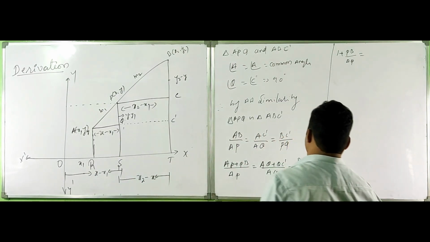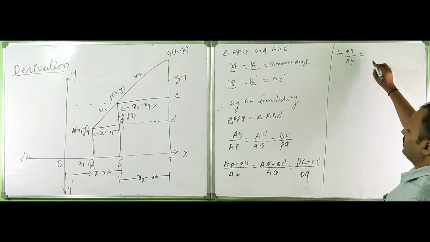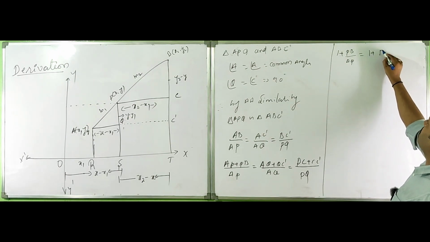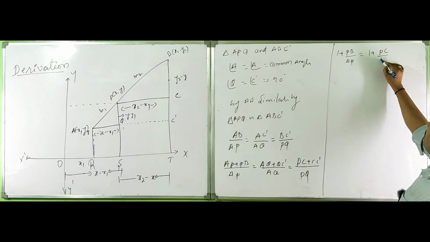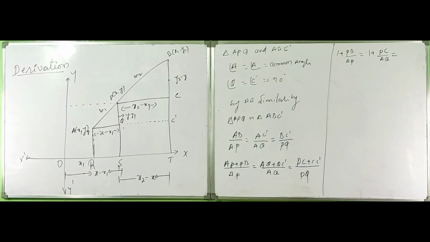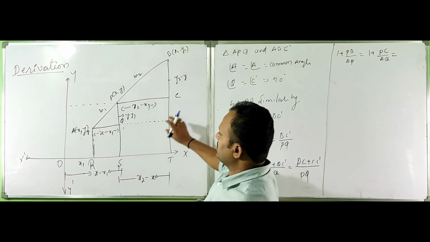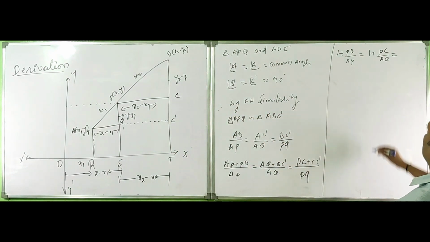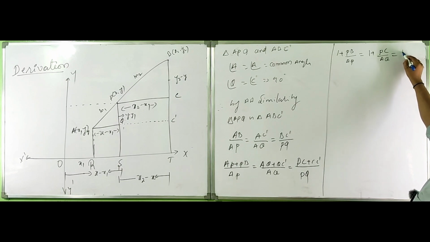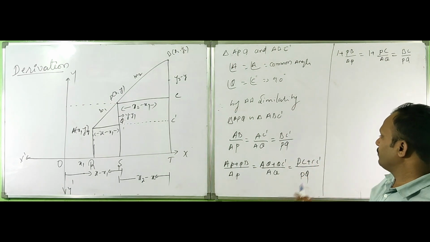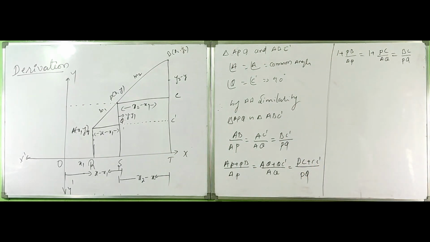So AQ gets cancelled, 1 plus PC by AQ is equal to BC by CC dash. What is CC dash here? CC dash is PQ, right? Then BC by PQ, because CC dash is equal to PQ, and PQ by PQ is equal to 1.